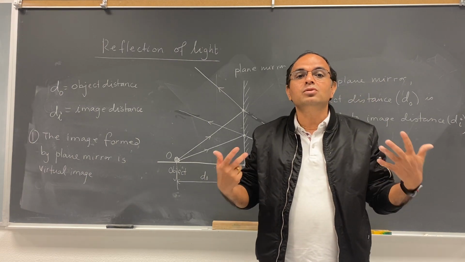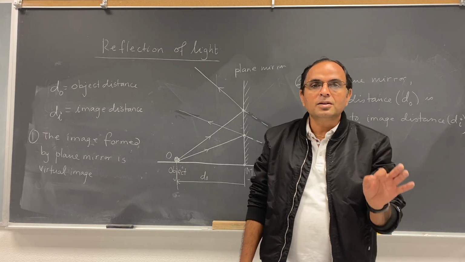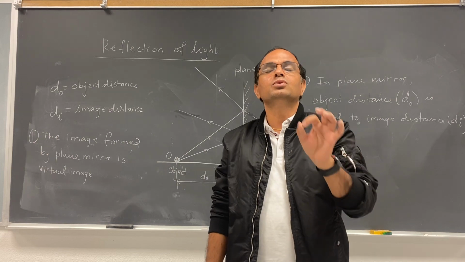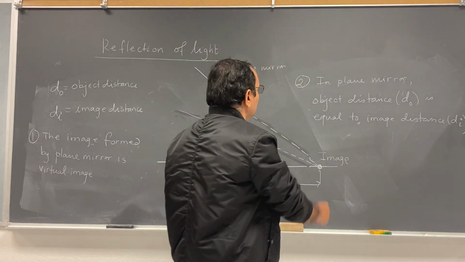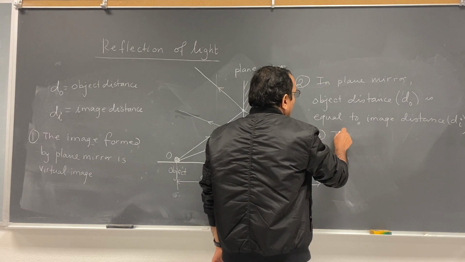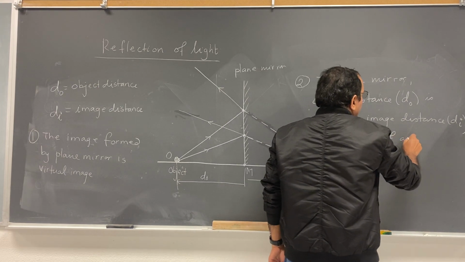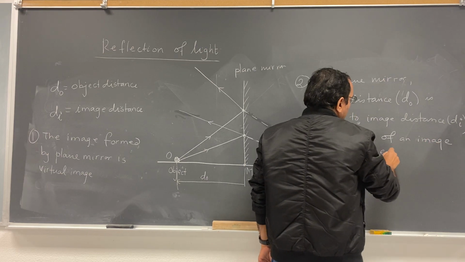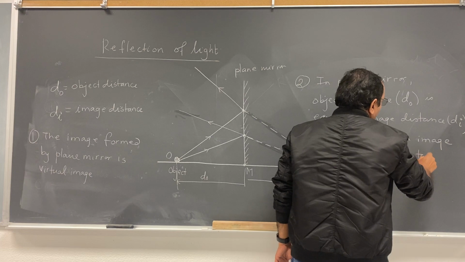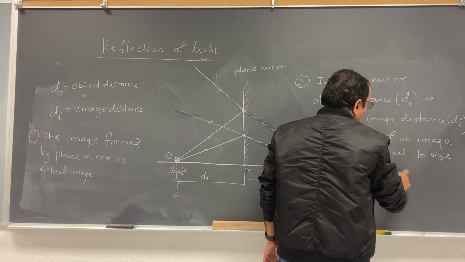How tall? 6 feet. So the size of an object is equal to the size of an image in the case of a plane mirror. So in a plane mirror, number three, you can write down, the size of an image is equal to the size of an object.